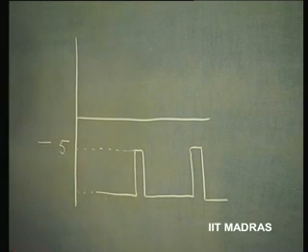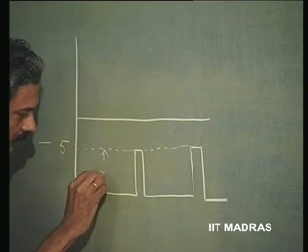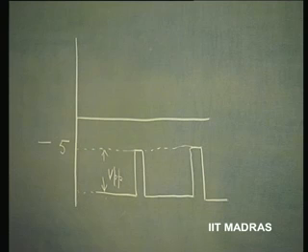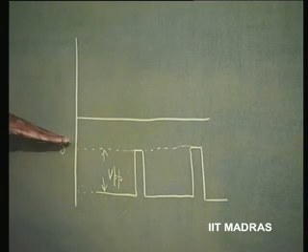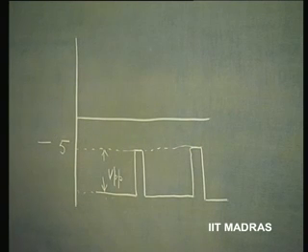In this case, let us take this as V peak to peak. This V peak to peak is variable. I want to clamp this to minus 5 volts. What do I do? How do I develop a circuit for that?